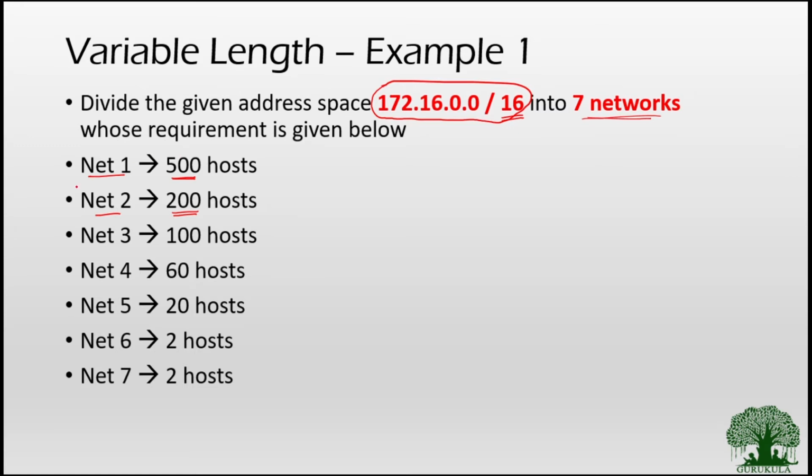So we will have to divide this one entire address space into 7 networks, and each network must have these particular requirements connected in it. Let us see how to perform this task step by step. Please pay kind attention from this particular slide, because each and every step involved in variable length subnetting is very important.